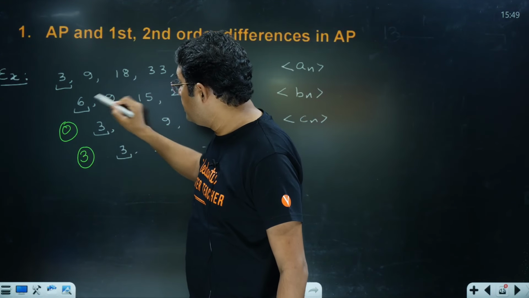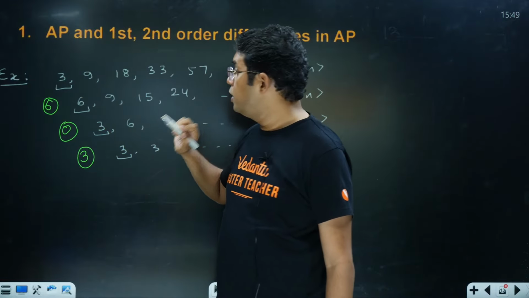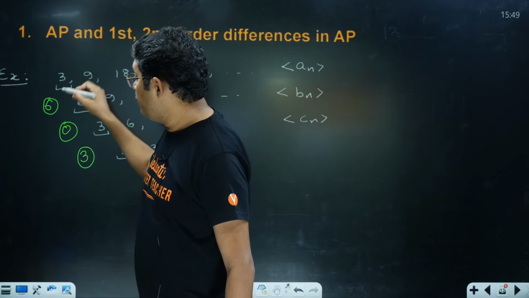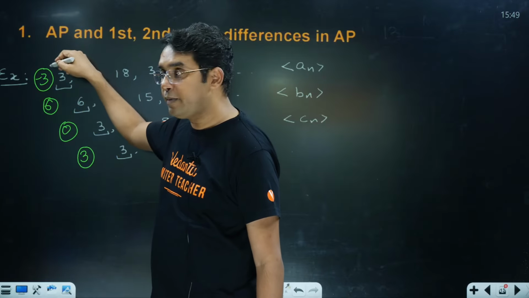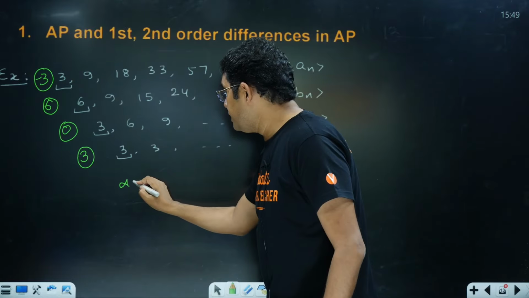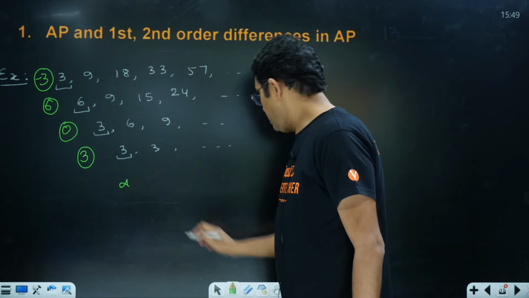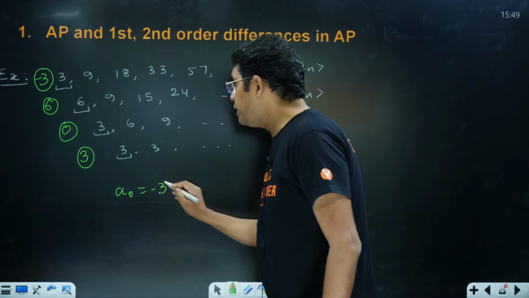Now here, if it is 6, this should also be 6, 6 minus 6, 0. Here, if we want this to be 6, I think it should be minus 3, so 3 minus (minus 3) is 6. So you can see A0 is found, and it is equal to minus 3.